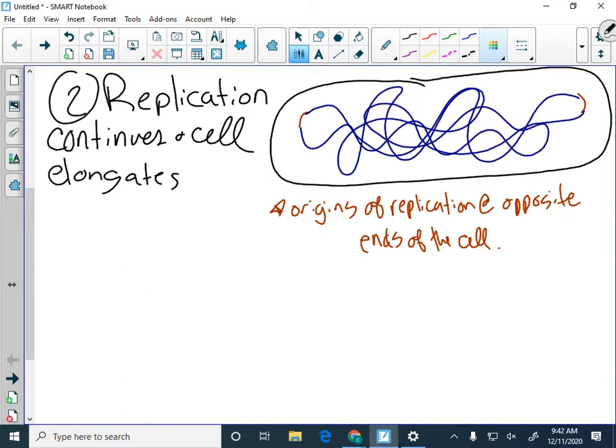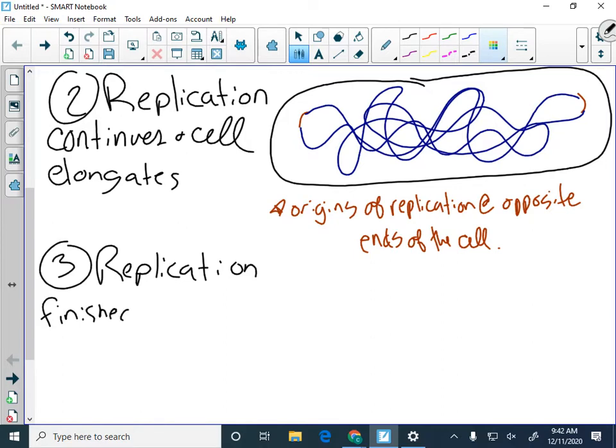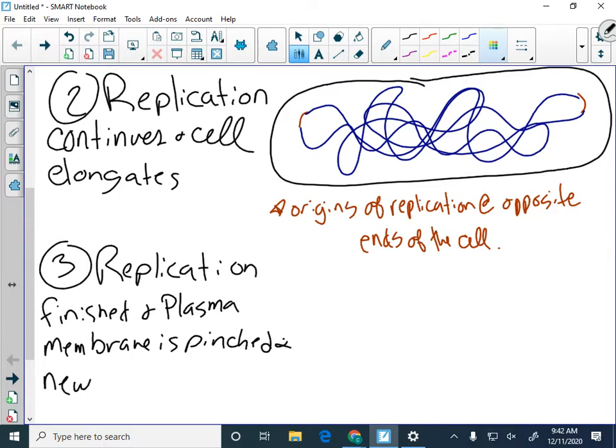Step 3, replication is finished. Replication finished, and the plasma membrane is pinched, and if applicable, new cell wall is deposited.